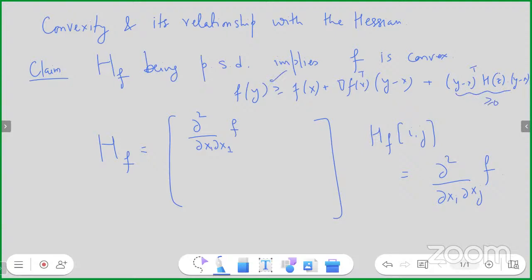Now look at the function being convex. This inequality still holds, right? But is that sufficient for us to claim that if f is convex, Hessian better be greater than or equal to zero?